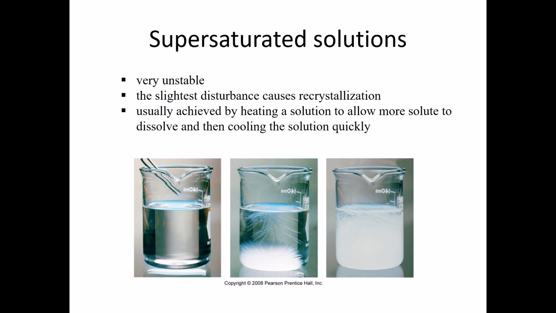And these are highly unstable, and even the slightest change, like adding one more crystal of the solute or even tapping the glass, can cause the immediate recrystallization of all that excess solute. So we can see the tiny crystal spicules coming out of solution very quickly until the whole thing is filled with all those excess crystals of solute.